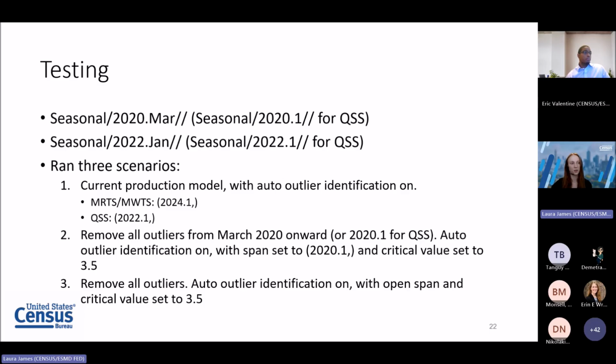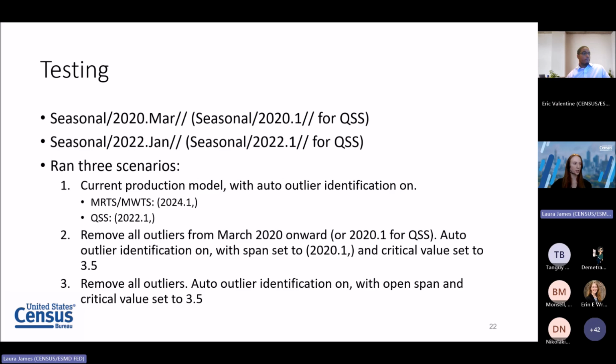And then I forced the critical value to be 3.5 for all of the series. And for scenario 3, I took out all of the hard-coded outliers. And then I set the auto outlier identification to an open span, so the whole series was fair game. And again, that critical value is set to 3.5.